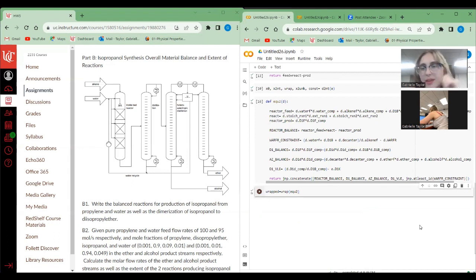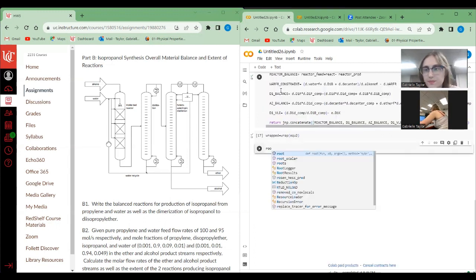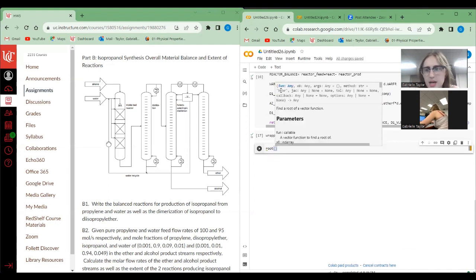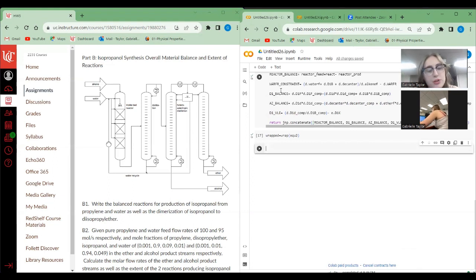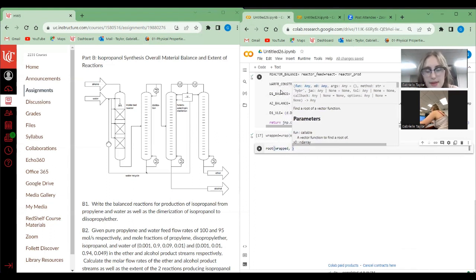Let's go down here, and inside our root function we're going to have a wrapped function. So let's write our wrapped in here, and we're going to have our x naught.